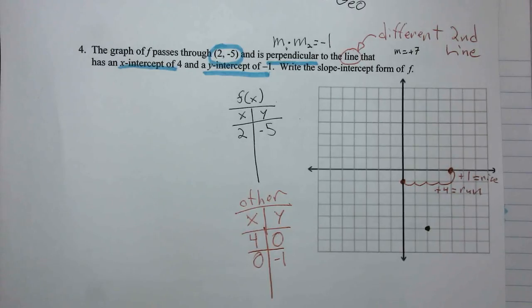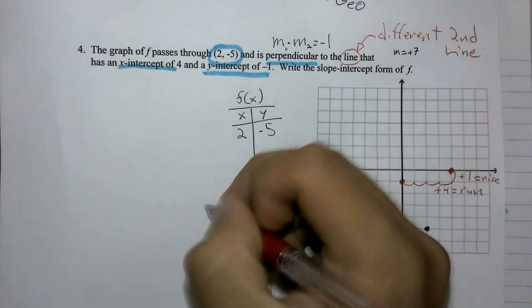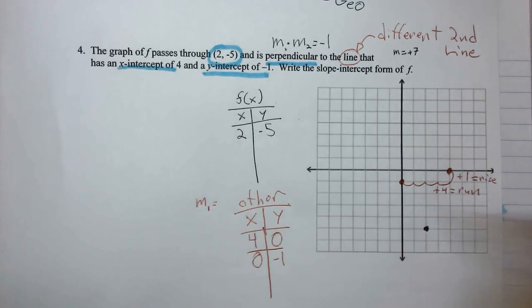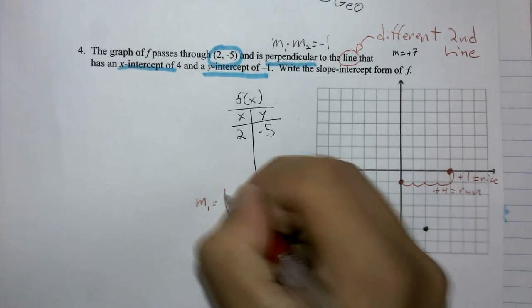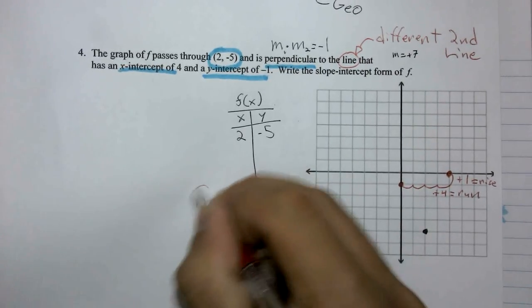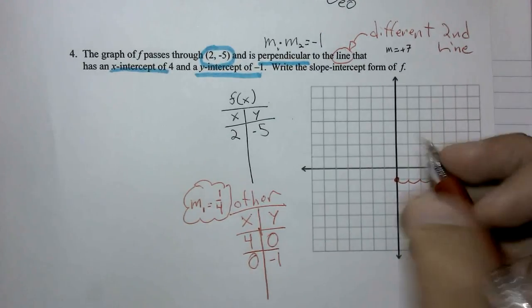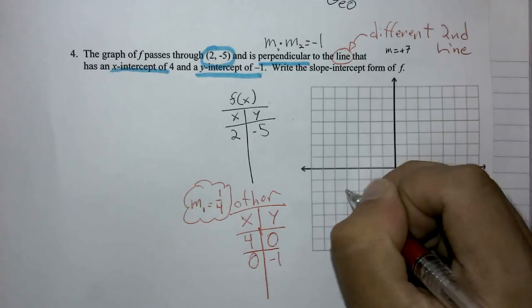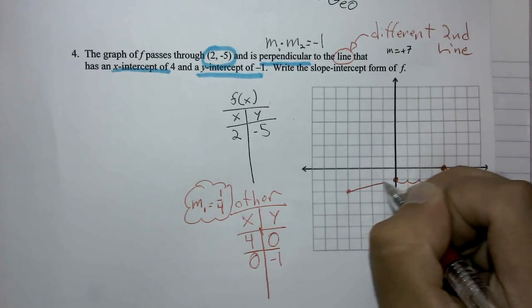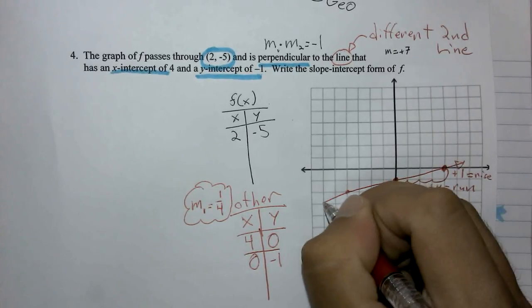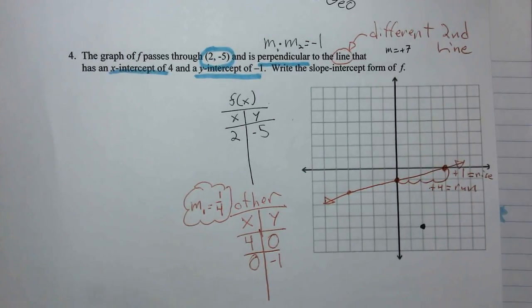So from here, we can denote the slope for that second line as positive 1/4. We could also extend this line if we want, just to show that we know this continues in both directions. The more examples you have for a problem, the better.